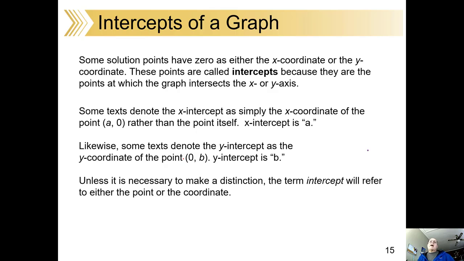So if you do have two coordinates like that, you're going to have two axes, the x-axis and the y-axis, and the intercepts represent where the actual curve or line crosses the x-axis or the y-axis.